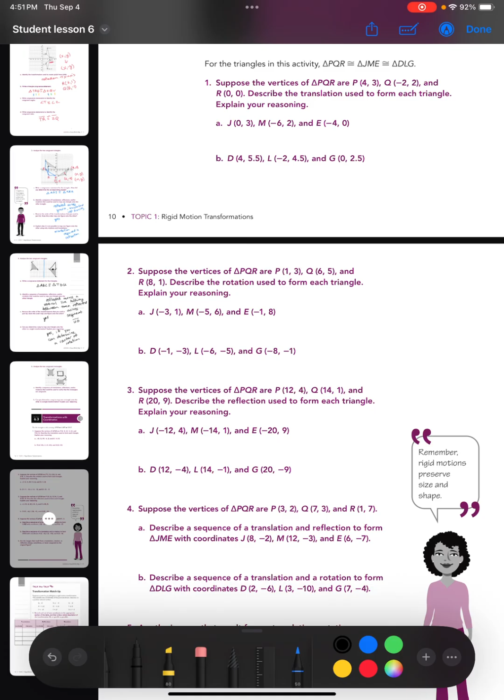All the X's have gone down by 4. From 4 to 0, from negative 2 to negative 6, and from 0 to negative 4. So our move has been a translation using the rule (x minus 4, y). The X has gone down by 4.